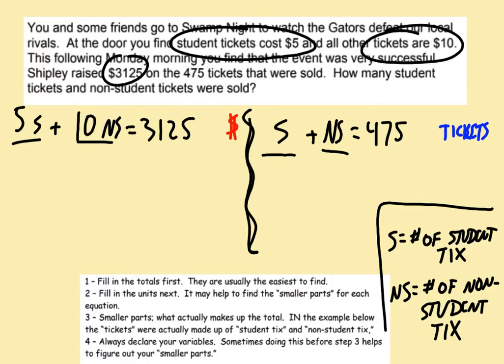So if I add up all my student tickets at $5 a piece and all my non-student tickets at $10 a piece, that's going to give me $3,125. I have my two equations, and again, this video is assuming that I already know how to solve the two equations, so I should be in a good spot. So I'm just going to pop over to the next screen. We'll figure out how to solve these things.